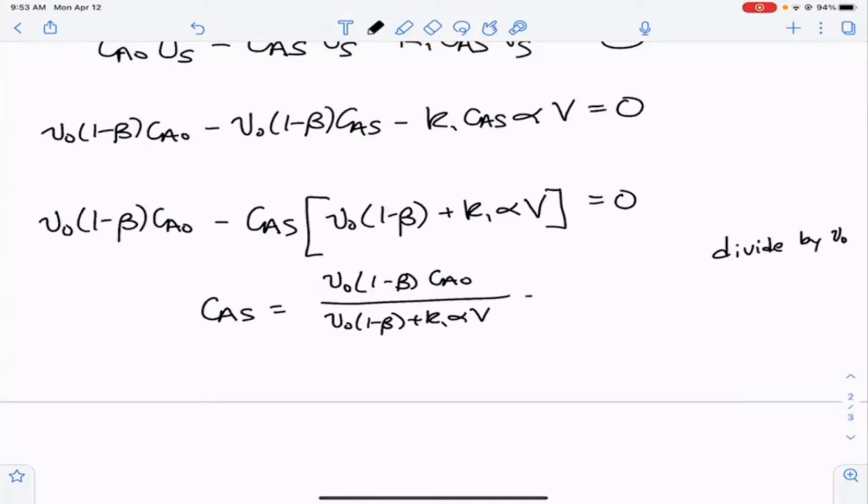If I did that, you would get rid of the V0. That'd be 1 minus beta times CA0 divided by 1 minus beta plus K1 alpha times V over V0. And V over V0 is just the residence time for our reactor, right? So then that is just times tau. Okay.